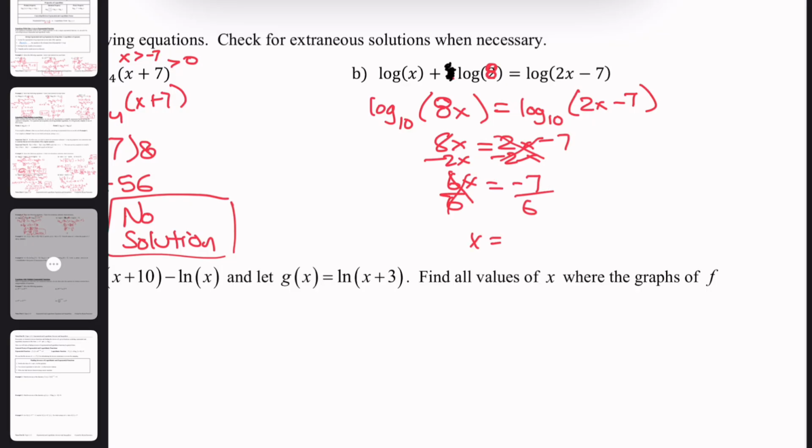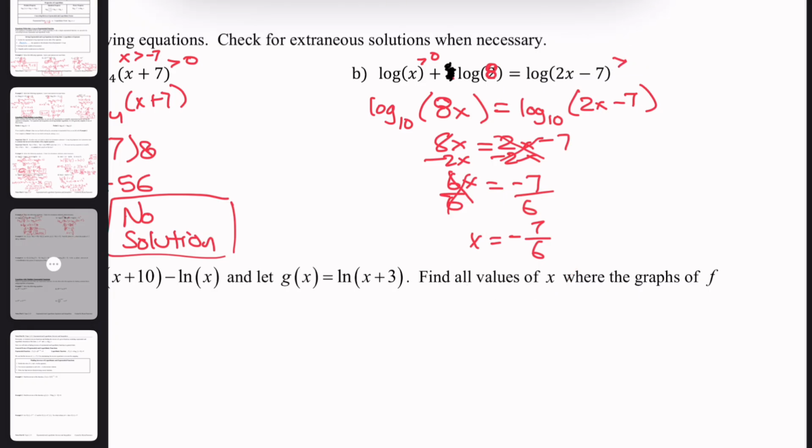X is equal to negative 7 over 6, which is a negative number, and it's less than 0. So let's check the domain. Looks like that is x is greater than 0. Already not off to a strong start.